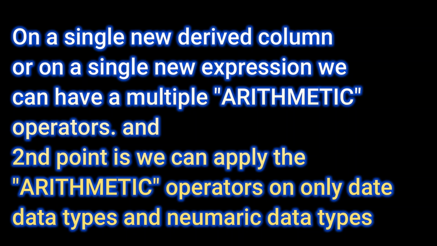On a single new derived column or a single new expression, we can have multiple arithmetic operators. The second point is we can apply the arithmetic operators only on date data types and numeric data types.